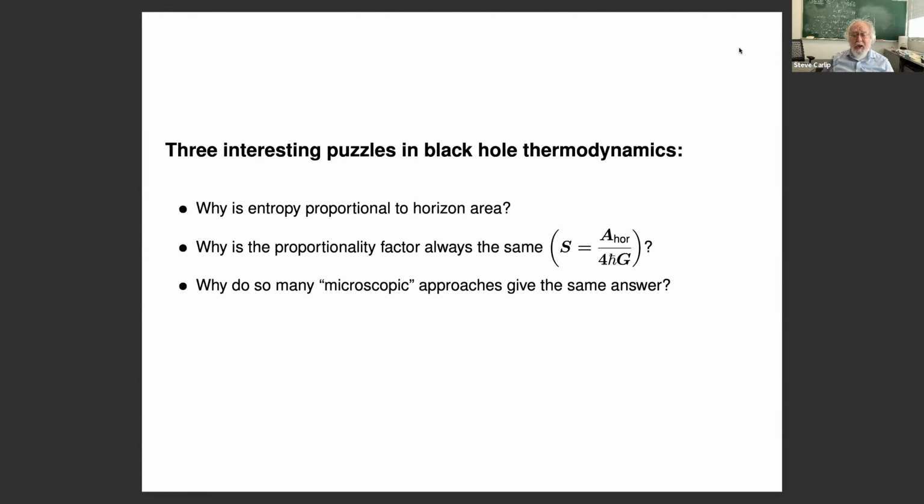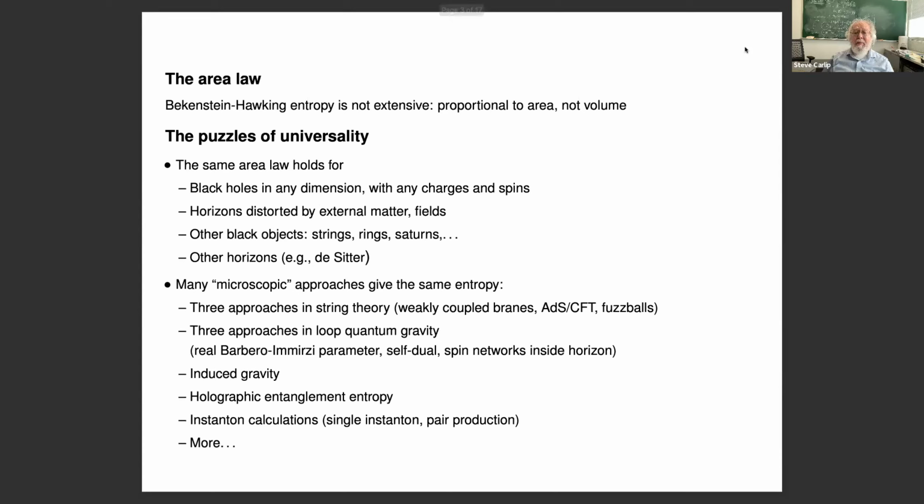And the third puzzle is why there are so many different ways of counting different black hole degrees of freedom that nevertheless manage to come up with the same answer. So let me go into these a little bit more in detail to begin with.